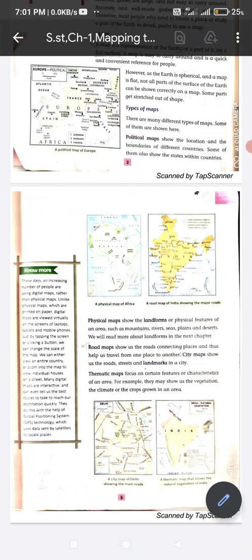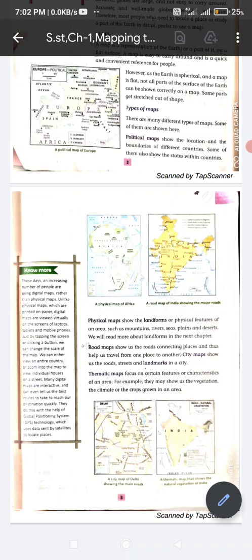If we want to carry a globe with us anywhere we are going, it is not possible. It is impossible. But a map is very easy to carry anywhere, to any place. A globe cannot show features of the earth in great detail.